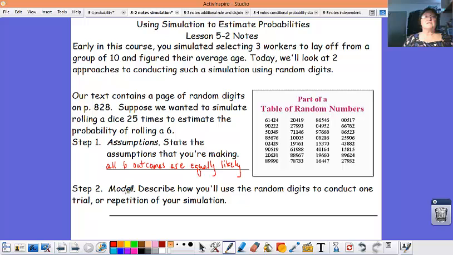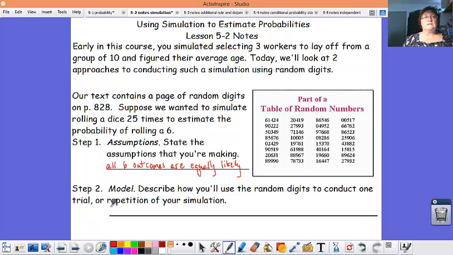The second step is to describe the model that you're using. So you want to tell the reader how you're going to use those random digits to conduct one trial. That just means one repetition of your simulation. And if we're using a random digit table, this is what we must say.